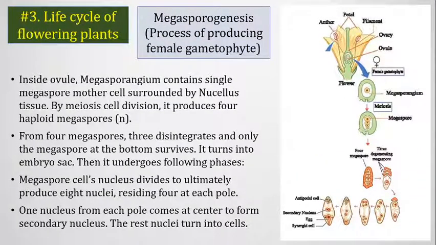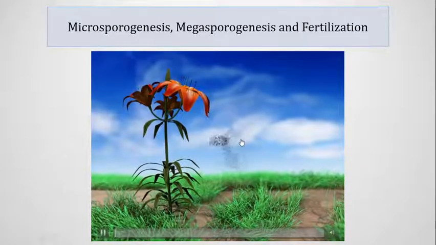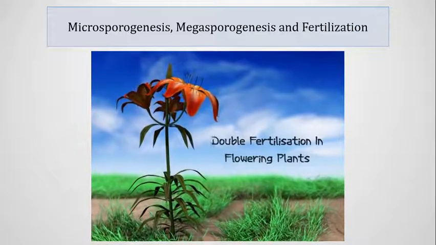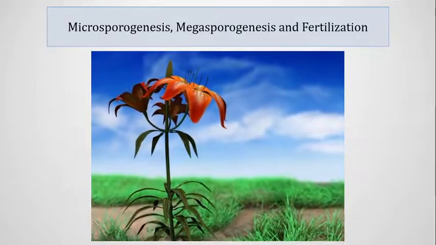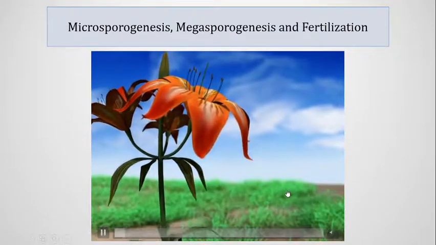So we can understand the process of megasporogenesis and microsporogenesis by observing a video now. So let's see the video. This video describes the pollination process, the fertilization process, and also the megasporogenesis and microsporogenesis before it in a flowering plant.